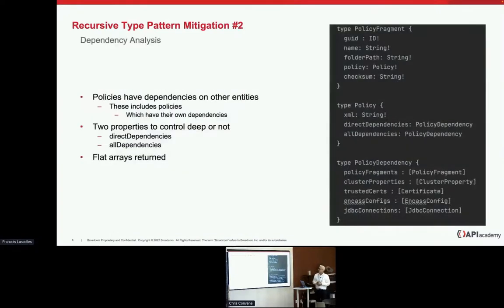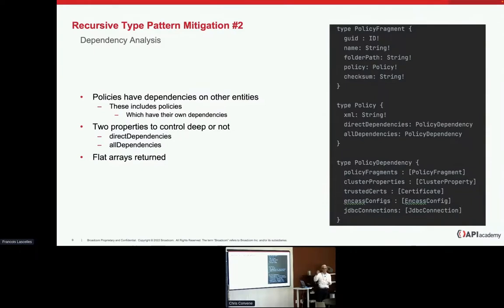Recursive type pattern mitigation number 2. It's very important for us to do dependency analysis when we are looking, for example, in our case, at policies that are applied to services. With Layer 7, you can define a policy, and then you can have an include statement that includes that policy.